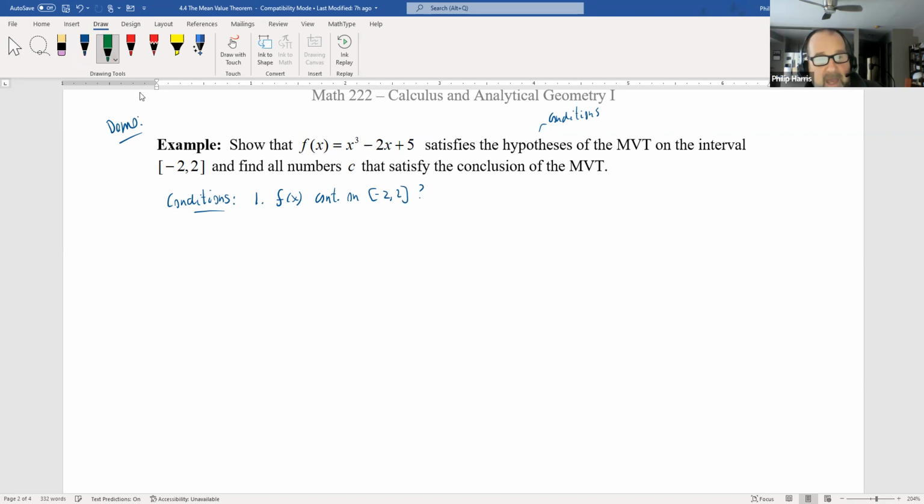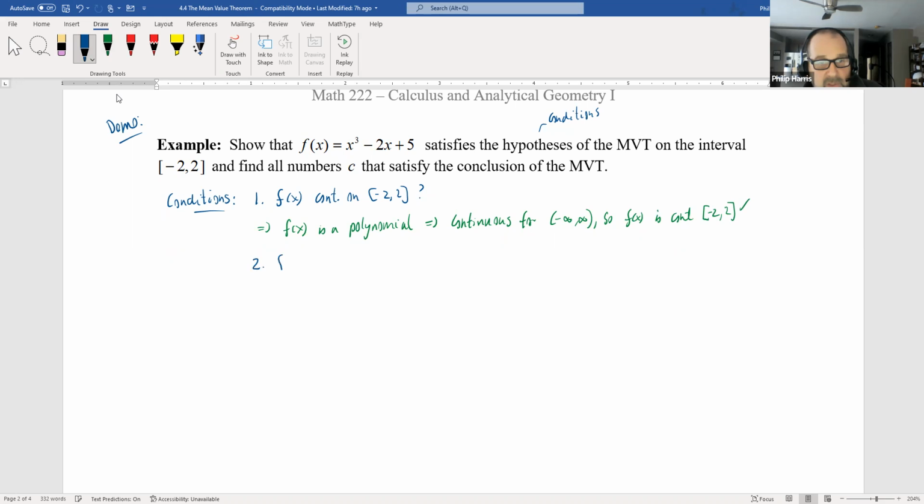So I would argue that f of x is a polynomial, and all polynomials are continuous for all real numbers. So f of x is certainly continuous from -2 to 2. So that checks out rather easily.